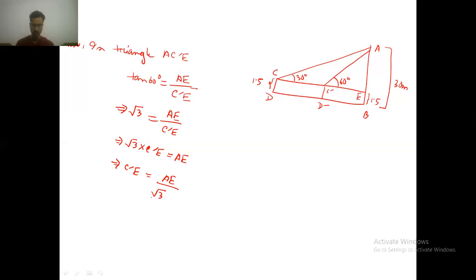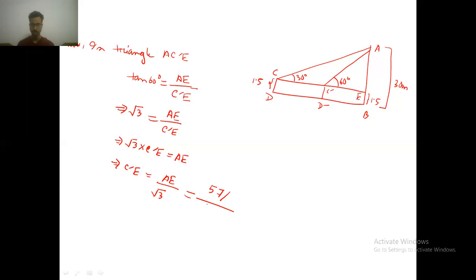Now just put the value here. What is the value of AE? Just now we have found it is 57 by 2. So it is 57 by 2 into √3, and 2 comes into the denominator.